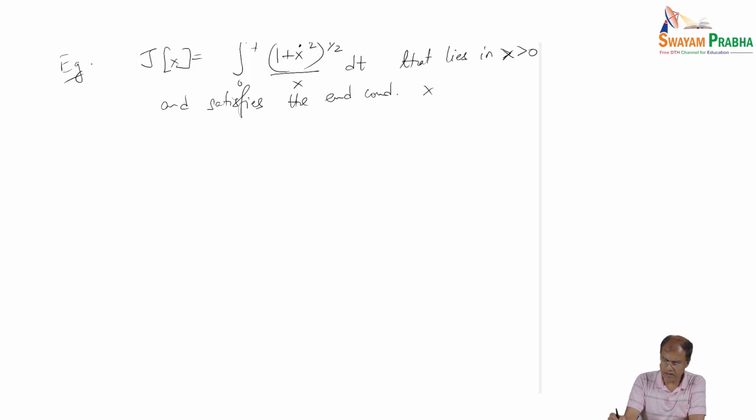The end condition is x of 0 is 4 and x of 7 is 3, right?